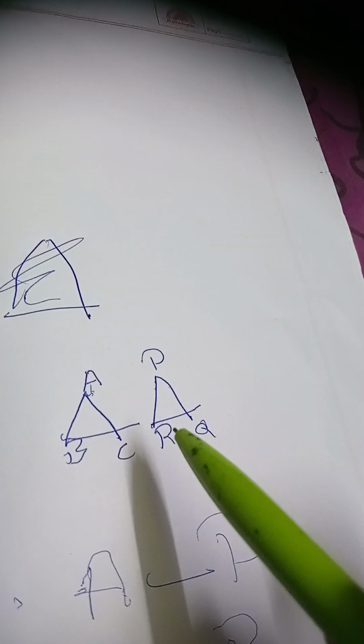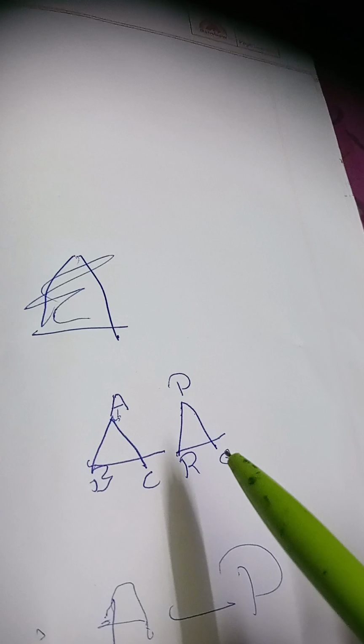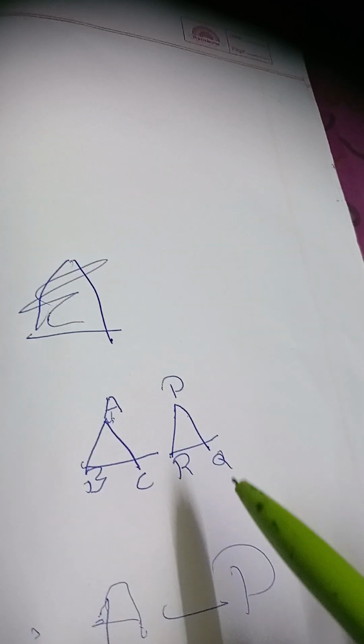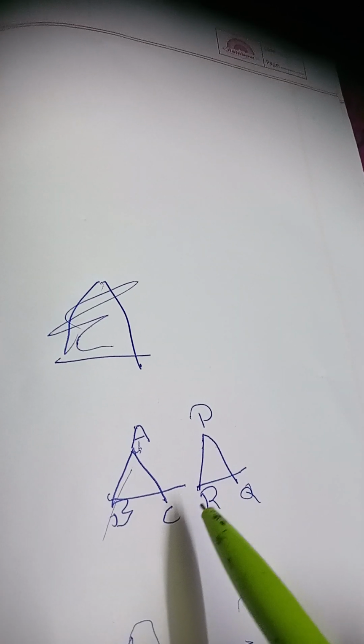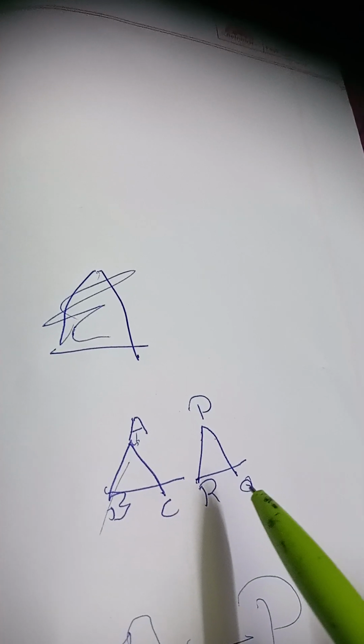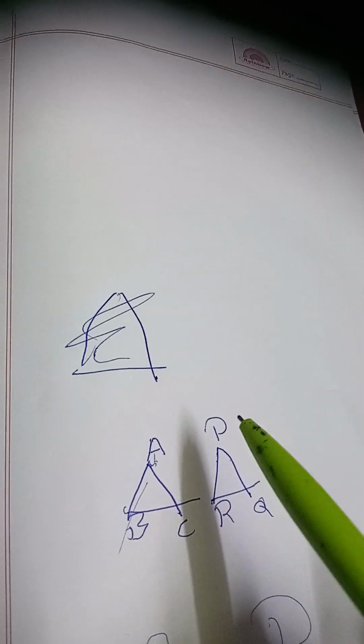Corresponding sides are equal. The sides of triangle ABC are AB, BC and CA. The sides of triangle PQR are PQ, QR and PR. These are corresponding.